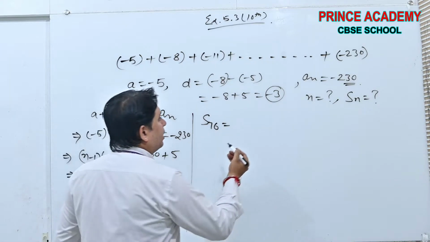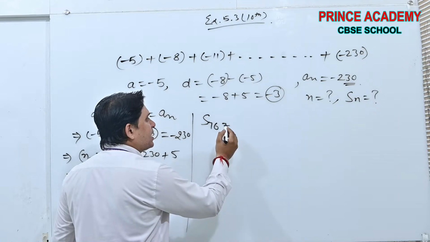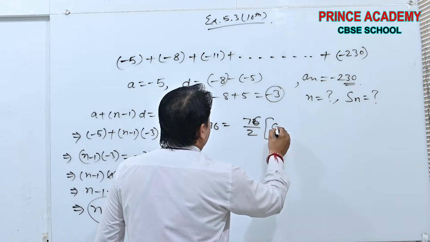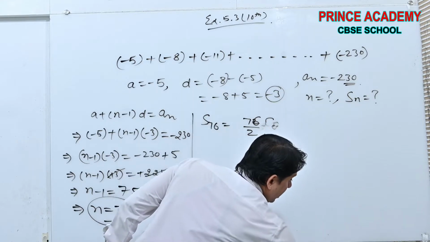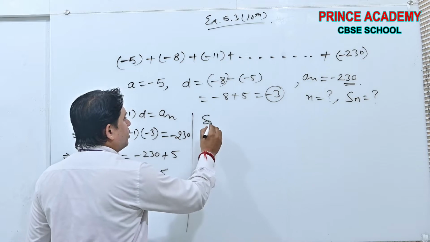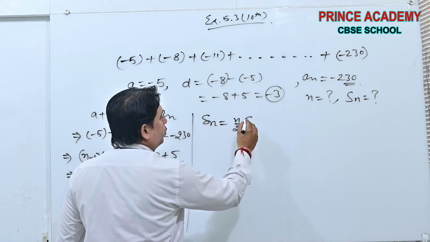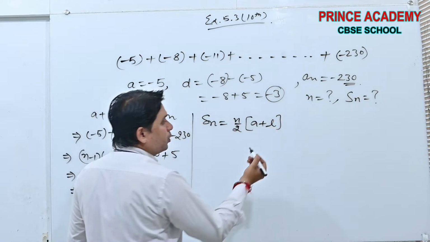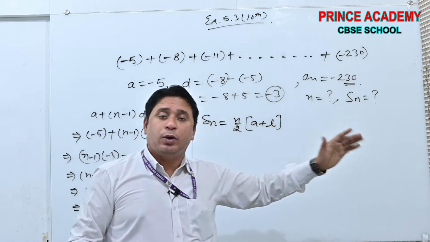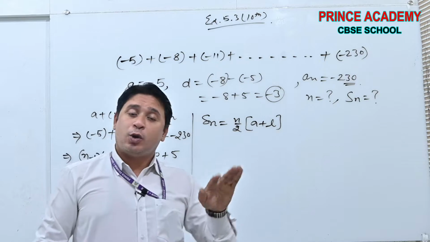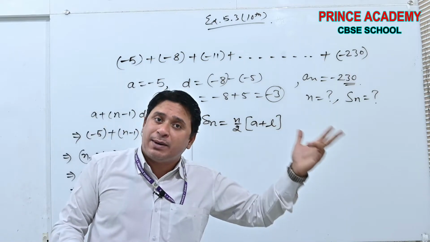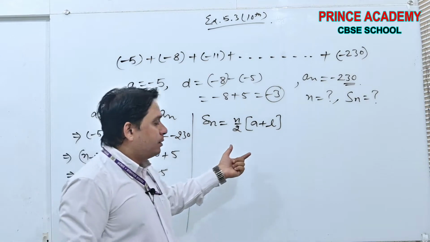Now see beta, the formula I am using here is n by 2 into (a plus l). So beta, the formula is n by 2 into (a plus l), yes or no? If I apply here n by 2 into (2a plus (n minus 1) into d), that is also applicable. That will give you the same result, but be smart.